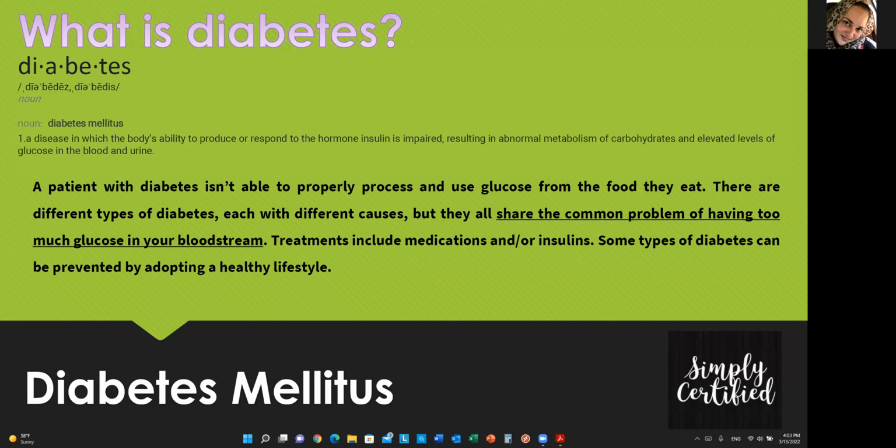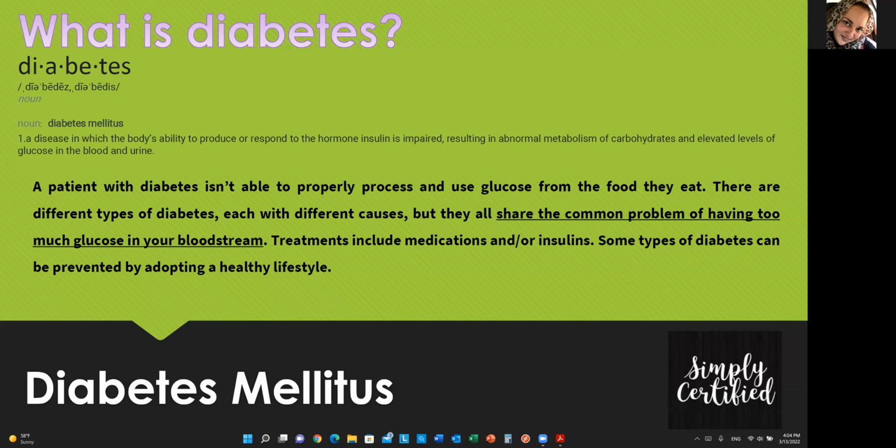What is diabetes? So I put the definition of diabetes in here. It's a disease in which the body's ability to produce or respond to the hormone insulin is impaired, resulting in abnormal metabolism of carbohydrates and elevated levels of glucose in the blood and urine.